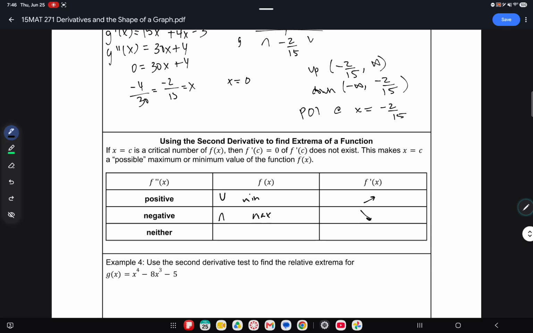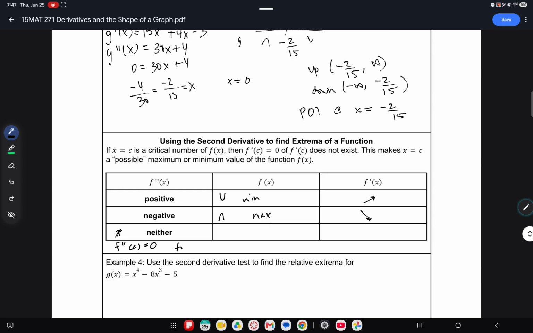And then if it's neither positive or negative, which seems a little strange, it being neither positive or negative just means it's equal to 0.